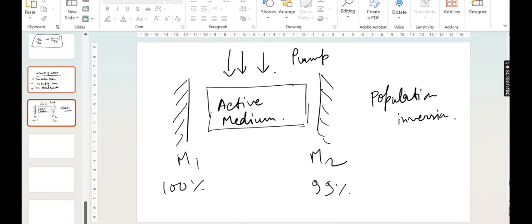Now the optical resonator. A medium with population inversion is capable of amplification, but in order to act as an oscillator, a part of the output energy must be fed back into the system. That's why we need a feedback system, and that is the optical resonator.